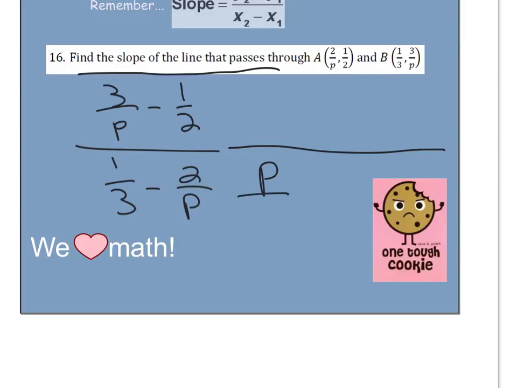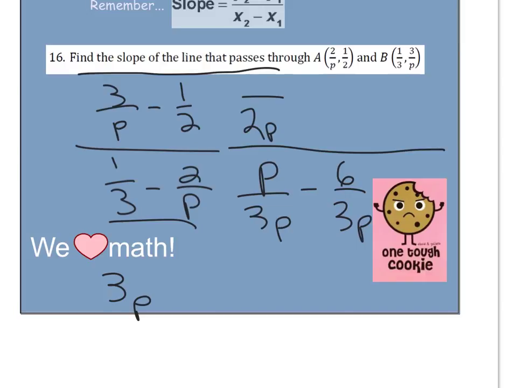So that would be p over 3p minus 6 over 3p. A common denominator here is going to be 3p. Common denominator up top is going to be 2p. So that would make that 6, and 2p, that would make that p.